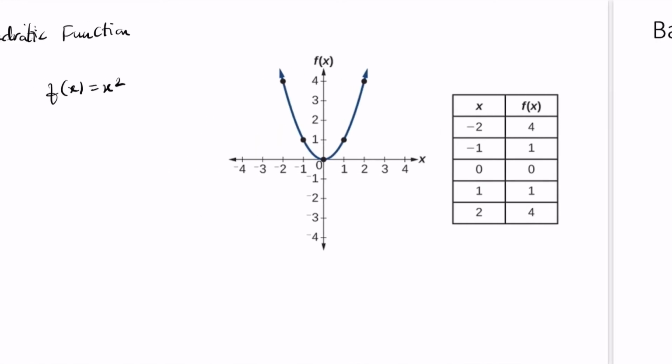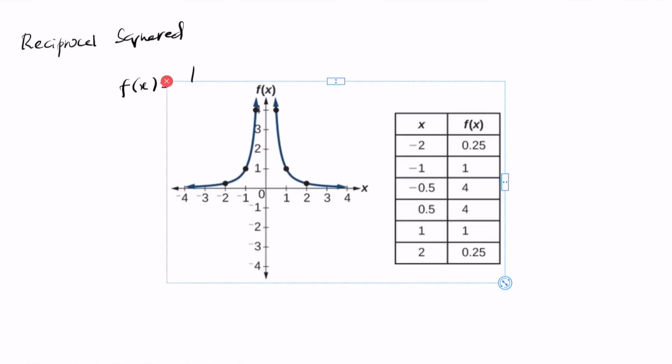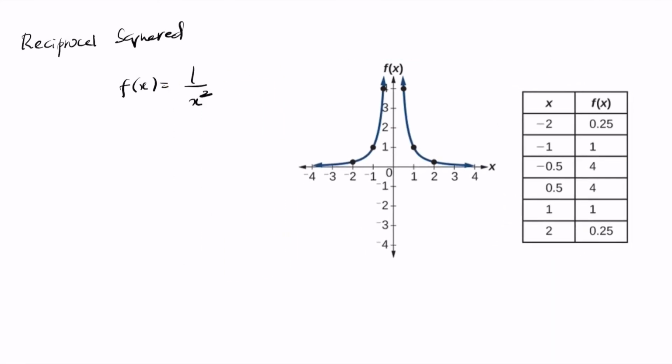Next, let's look at reciprocal squared. Reciprocal squared is f of x equal to 1 over x square. So this is the graph of a reciprocal squared function and how it looks.